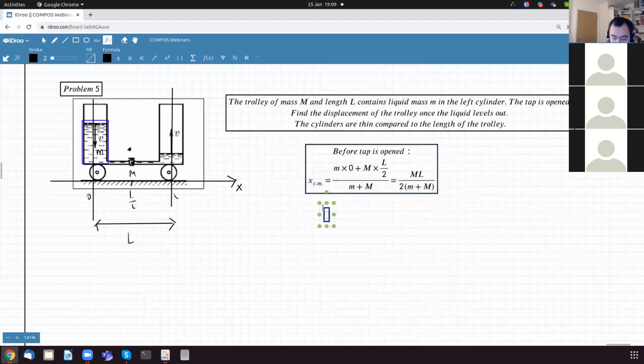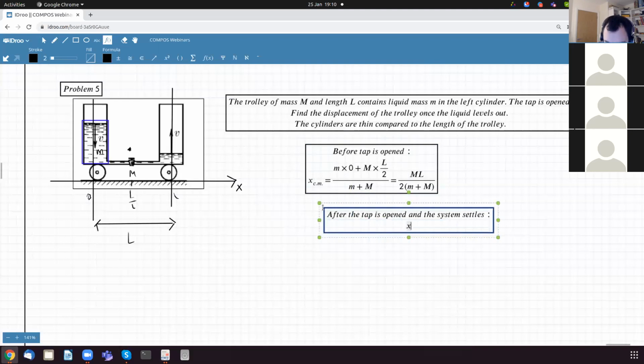Now, after the tap is opened and the system settles, the position of the center of mass equals, well, let's say the trolley has moved to the left a distance of, actually, why not just say x.